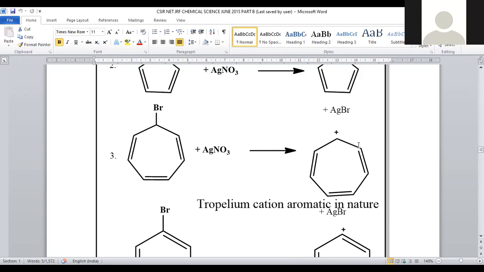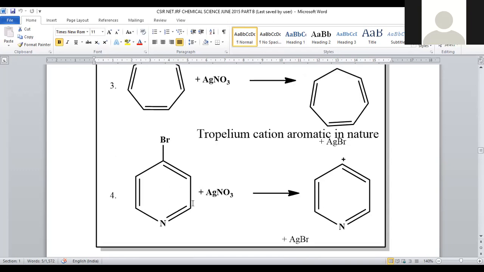All are satisfied by this tropylium cation, being aromatic, so it will be more facilitated. Whenever the intermediate formed is highly stable, that reaction will be faster. So here the precipitation of silver bromide is faster because there is a possibility of attaining aromaticity after removal of this bromo. So the reaction will be faster. This is the exact answer we are expecting.